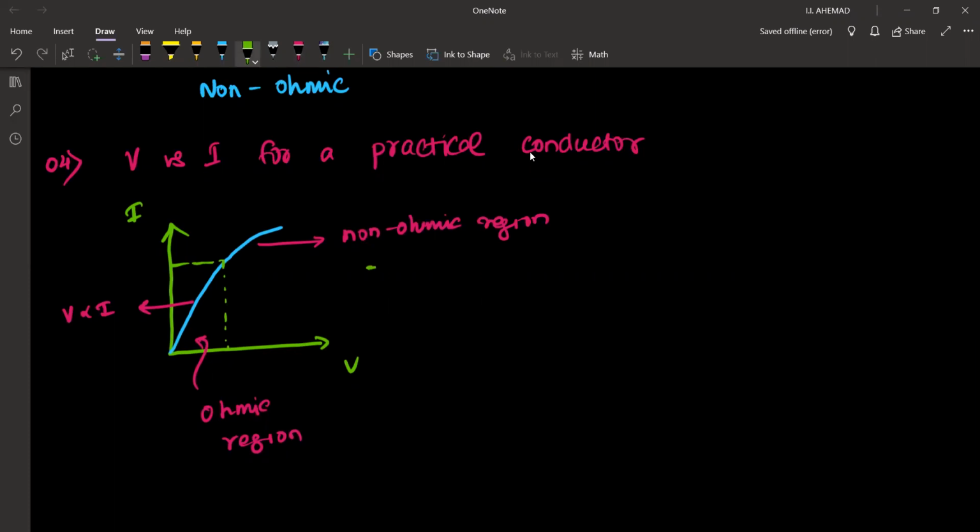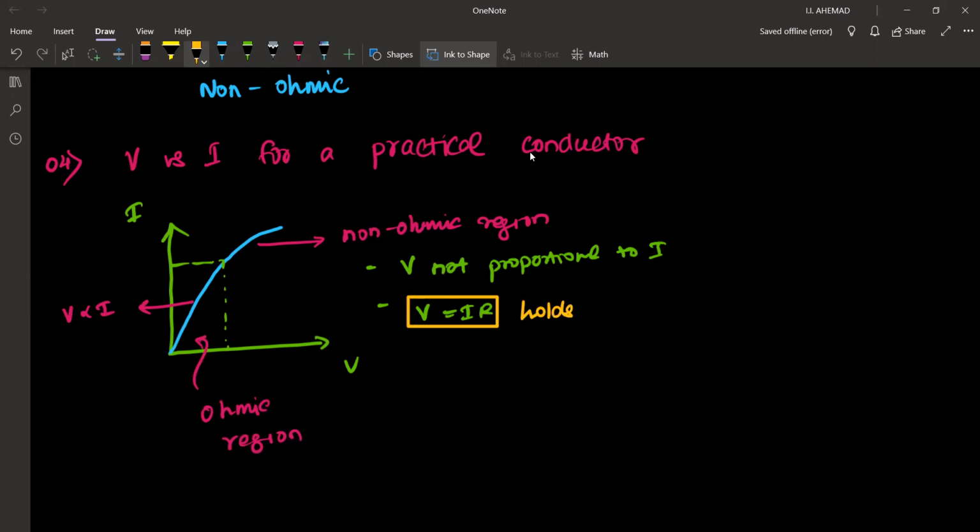So here, V not proportional to I. V equal IR, volts. That means we can use V equal IR.